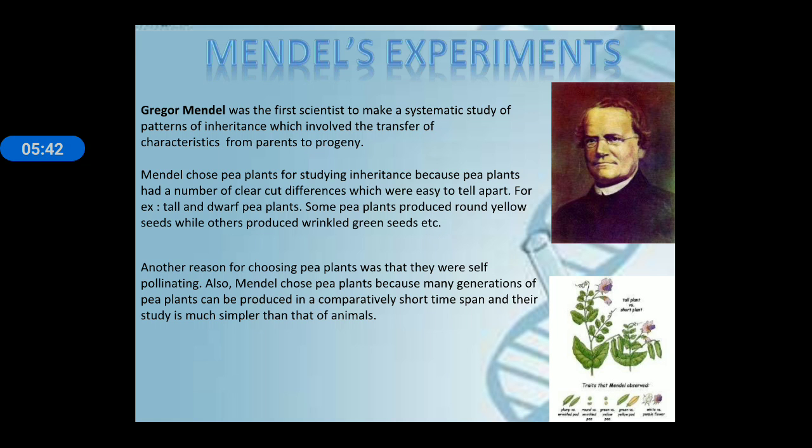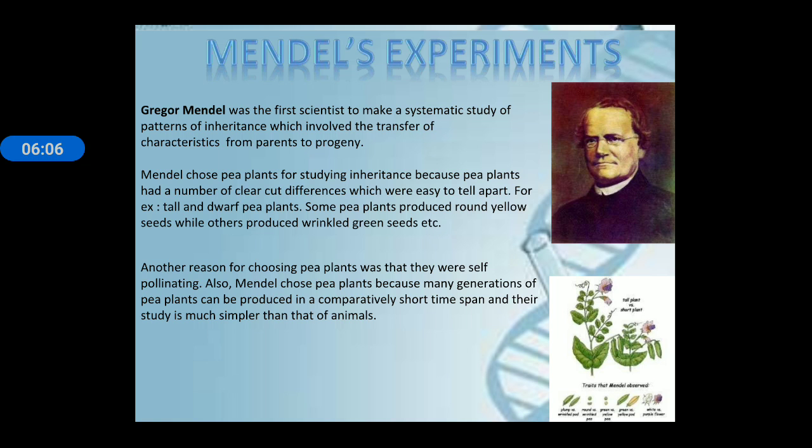Mendel chose the pea plant for experimental purposes because the pea plant has different characters, such as tall, dwarf, color, and shape, which can be easily observed from every aspect.